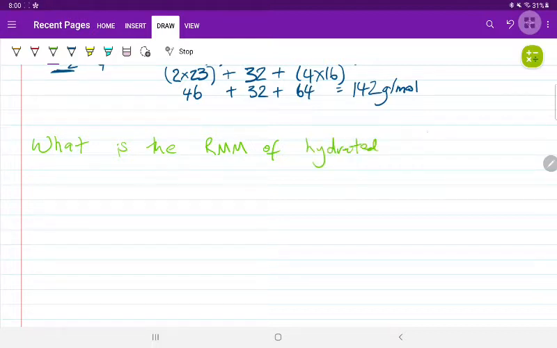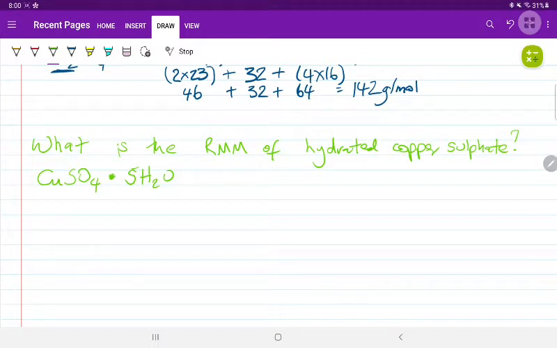We're going to look at a more complex example. What's the RMM of hydrated copper sulfate? Remember, hydrated copper sulfate has that nice pretty blue crystal.